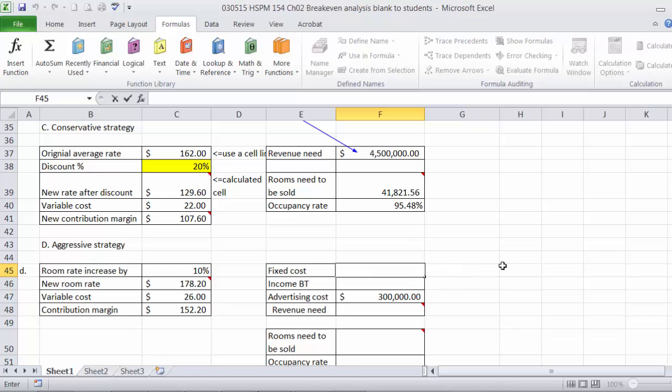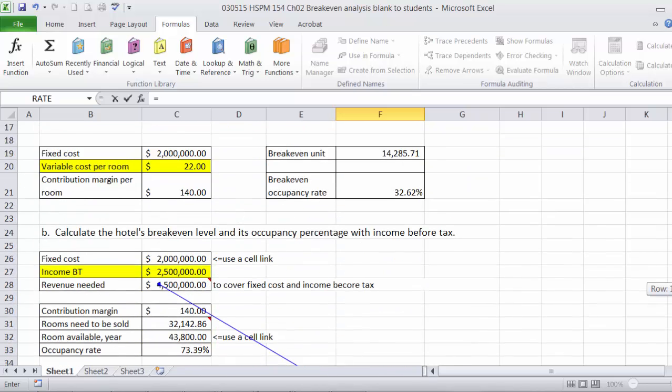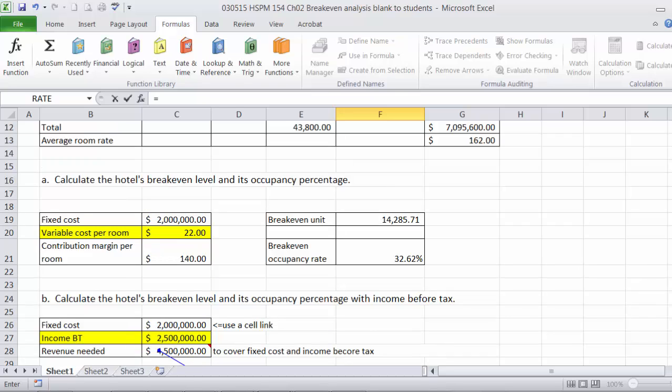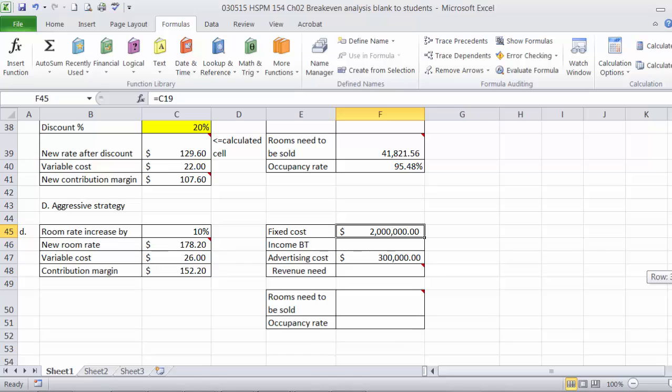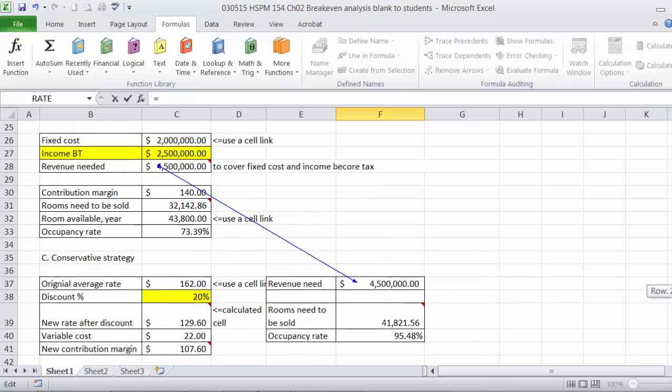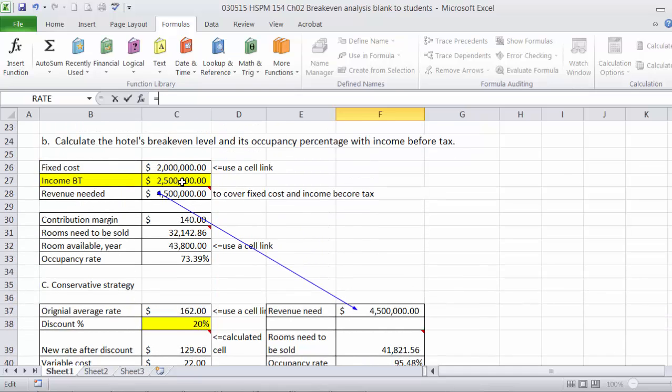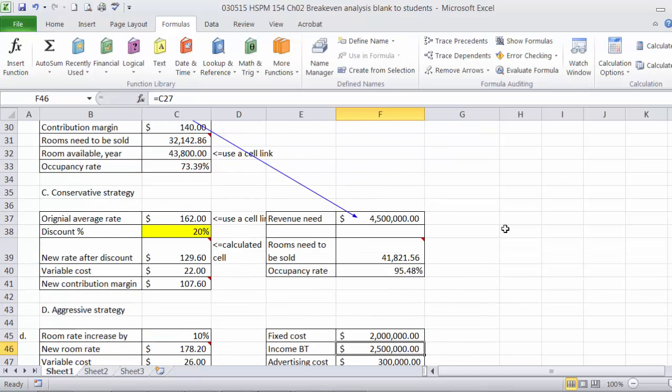So what's our fixed cost? We can link to the fixed cost, and the income before tax. We link that to income before tax. So what's the total revenue we need?